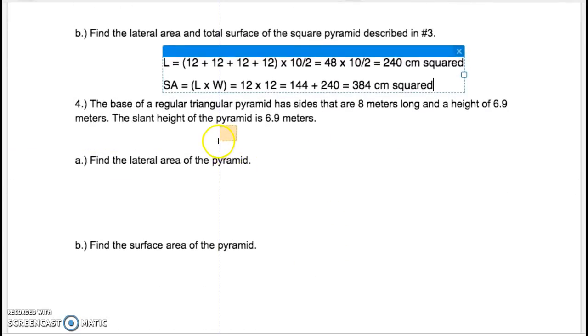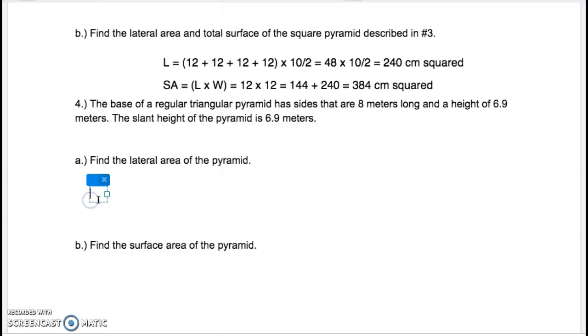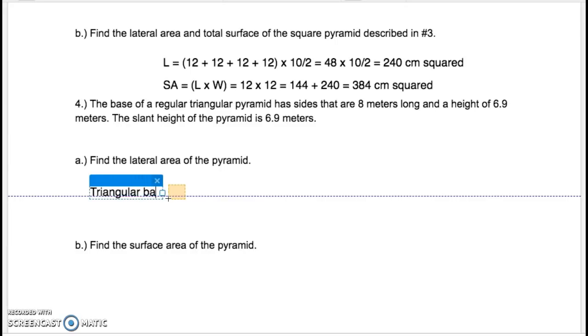All right, number 4. The base of a regular triangular pyramid has sides that are 8 meters long and a height of 6.9 meters. Slant height of the pyramid is 6.9 meters. So we're going to find the lateral area of this, and instead of a square base, this time we have a triangular base.